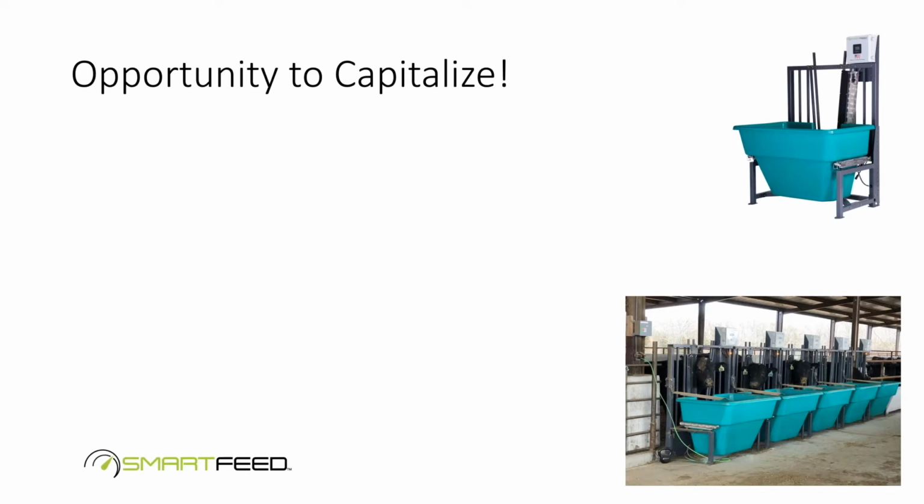Kind of the final slide I have before transitioning over to Jeff really points out that there's opportunities to capitalize on feed efficiency, and maybe more so today than ever. And that's due to a great extent to the fact that feed efficiency is a heritable trait.